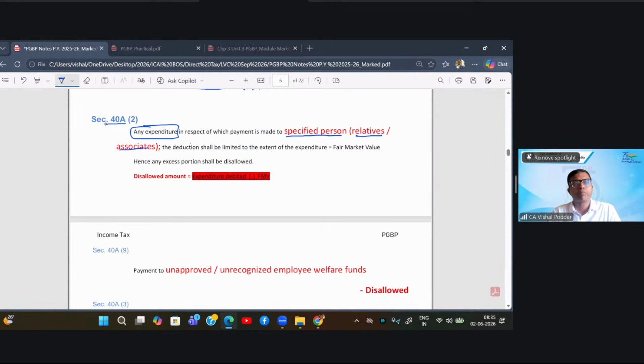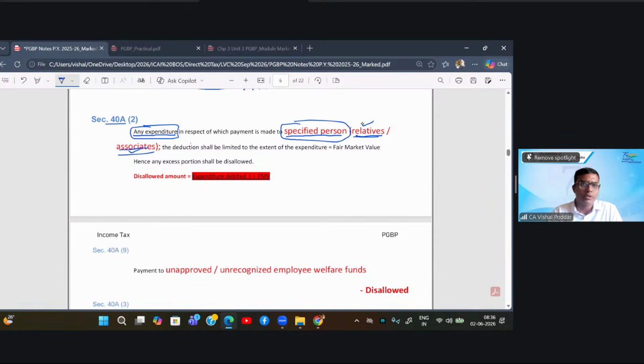Third possibility, that in your expenses there is one payment of contract charges. This payment is made to a company in which you yourself are one of the major shareholders. So all these are examples of related persons or associated persons whom we call specified persons. Now, in all of these examples, whenever you are making payment to any of these specified persons, the law has no problem.